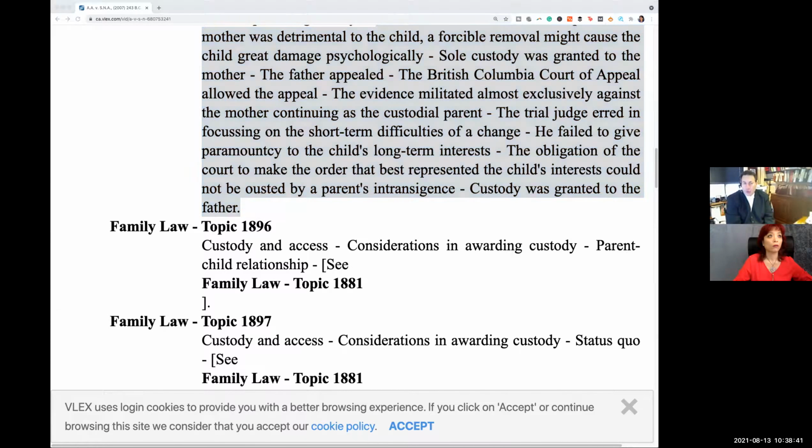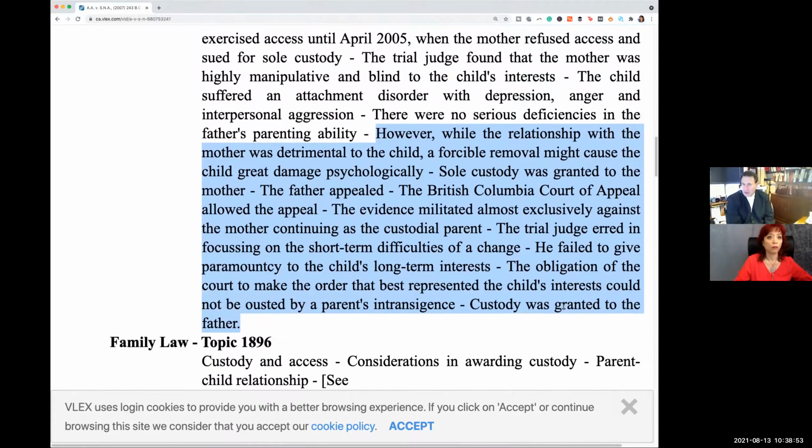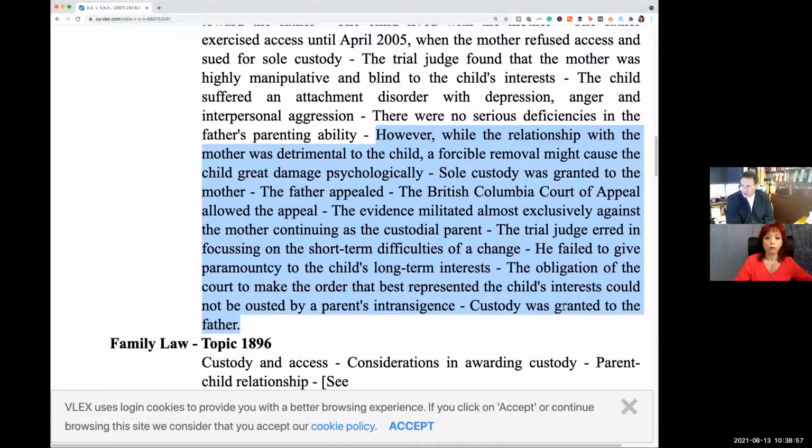Now, it would not be until 2020, just February of last year, that the Court of Appeal for England and Wales made a somewhat identical decision, reversing a trial judge who found clear alienation but who was concerned about the risk of upset to the children.